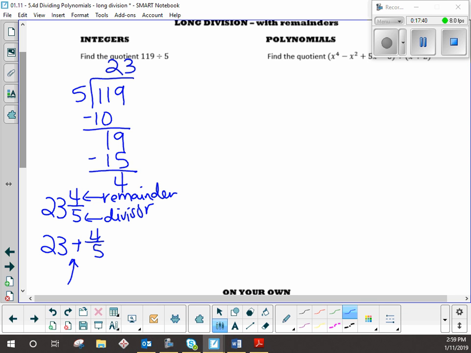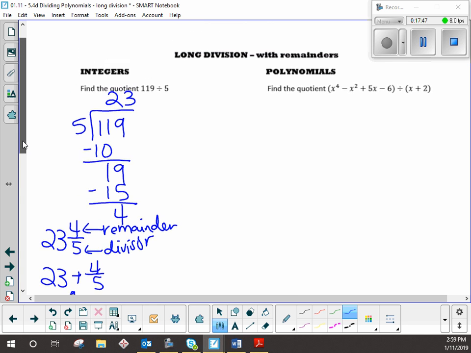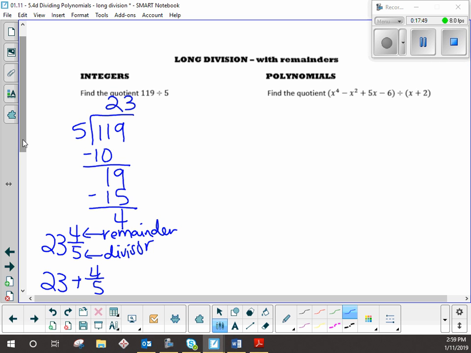This problem is longer than the last one, so that you can have practice. But there is also one extra thing that's kind of weird. Which exponent is missing in the original problem? X cubed, right? So you see it goes from x to the 4th and skips to x squared. There's no x cubed term.